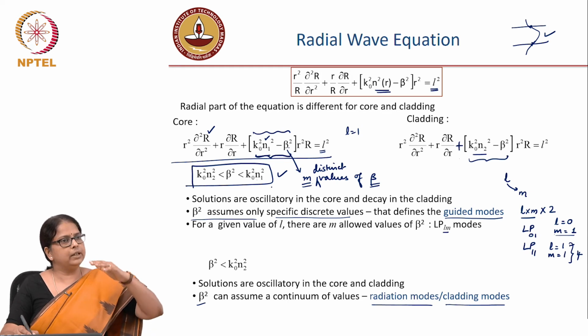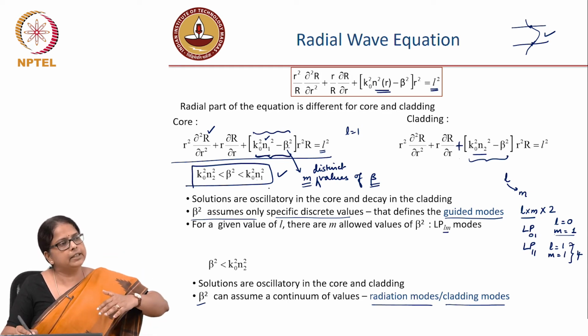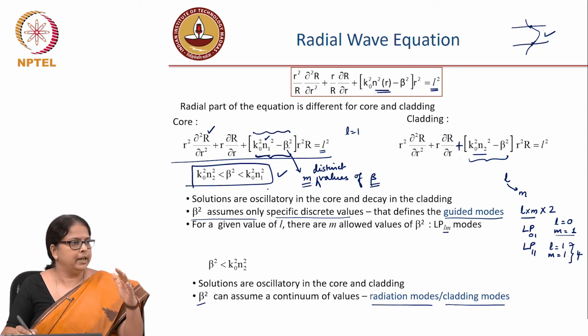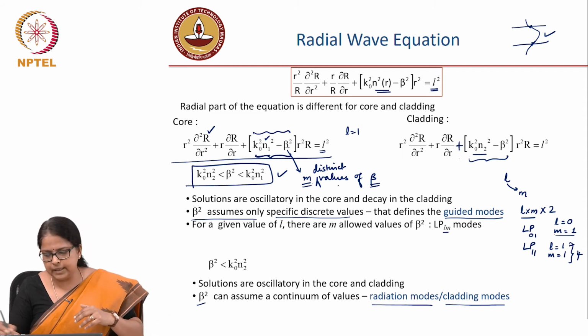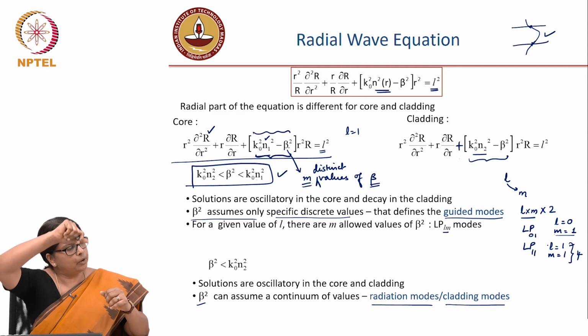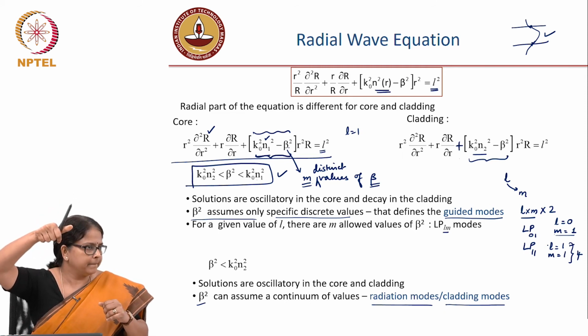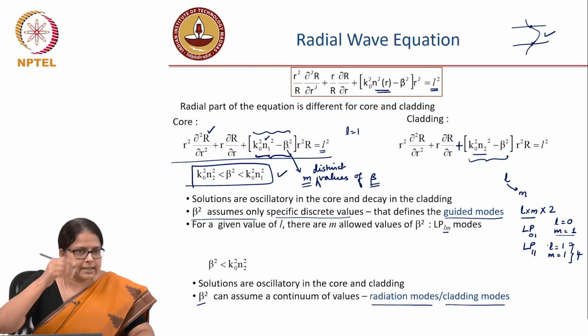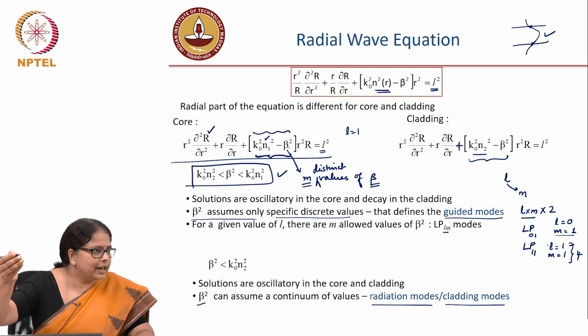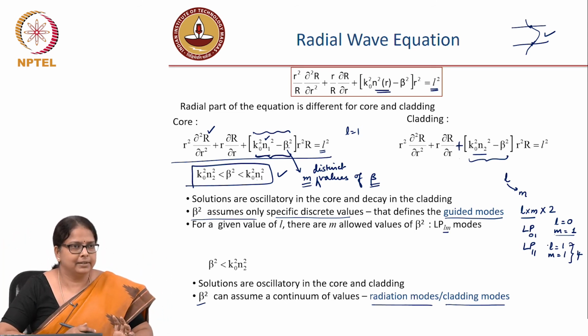Now, I can connect it to what we said in the beginning of the lecture, that these modes correspond to different angles. What are those angles? Allowed angles even after satisfying the critical angle condition. So, each of these LP-LM modes can now correspond to different angles. What about the angle for a radiation mode, for the cladding mode? It is less than the critical angle, it is escaping into the cladding, it is primarily residing in the cladding.